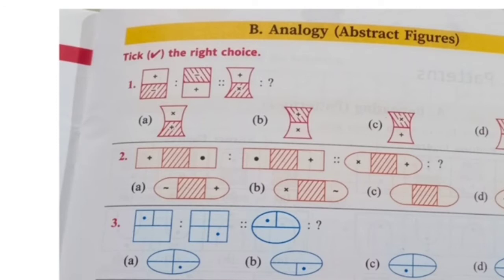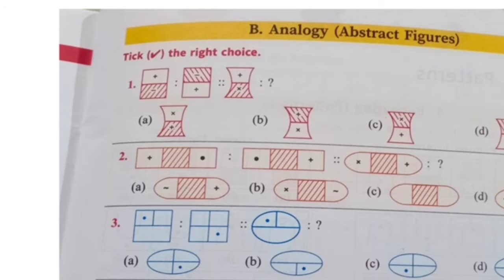Second, we can say that there are three squares. In that, the first square is blank with a plus sign. In the second square cross lines are there, and in the last square there is a dot.